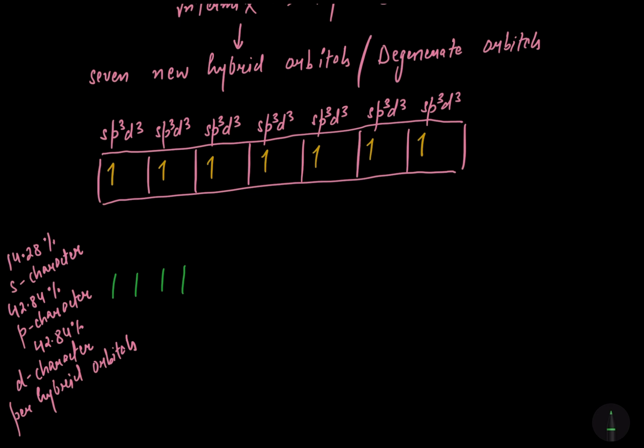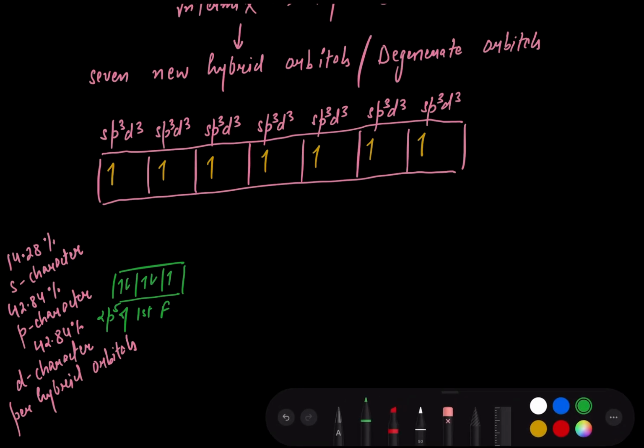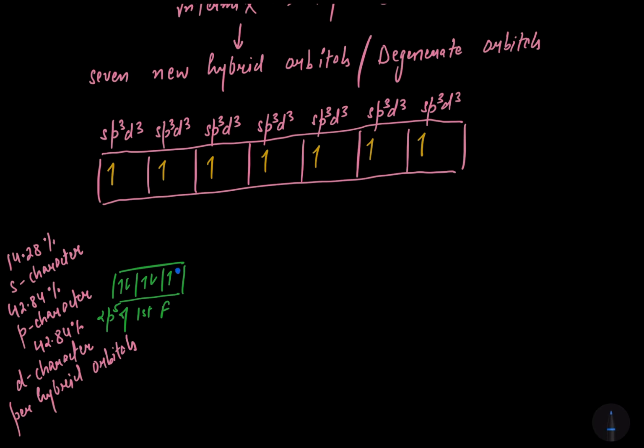So first of all, that's the 2p of the first fluorine atom, which has 5 electrons: first, second, third, fourth and fifth. In 2p, we are left with one atomic orbital which has 1 electron, and this atomic orbital is going to have head-on overlap with the sp3d3 hybrid orbital of iodine for the formation of a sigma bond.